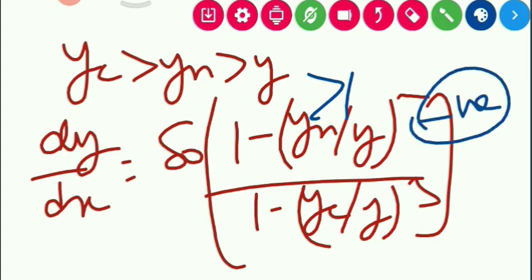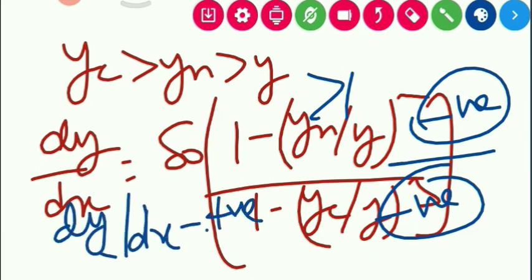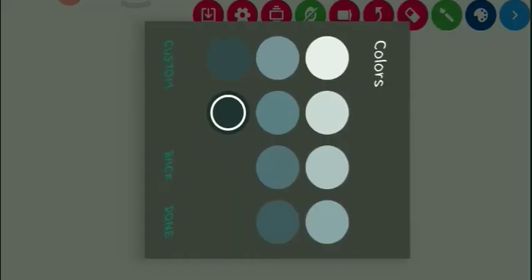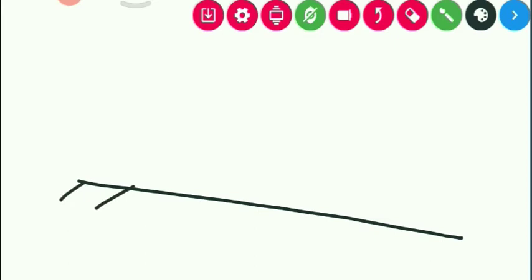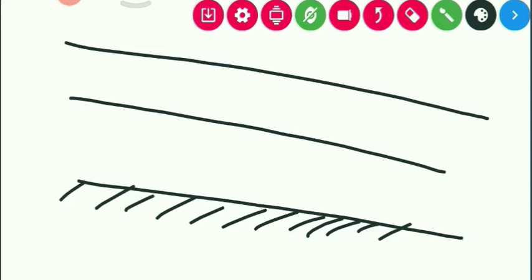Okay, here yc is also greater than y, so here it will also be negative. Negative by negative will be positive, so overall dy by dx comes out to be positive. So what will be the profile over here? The profile will look like the rising curve.